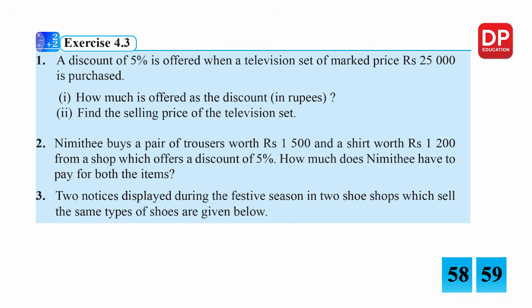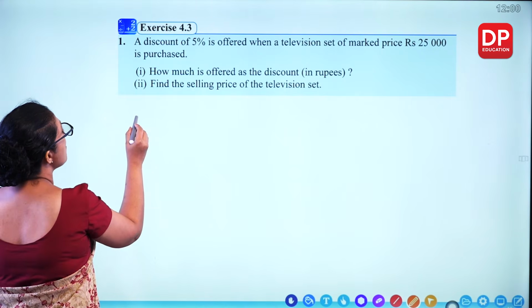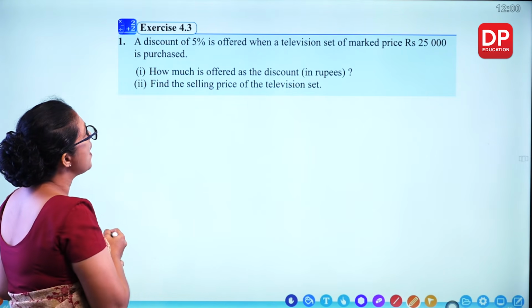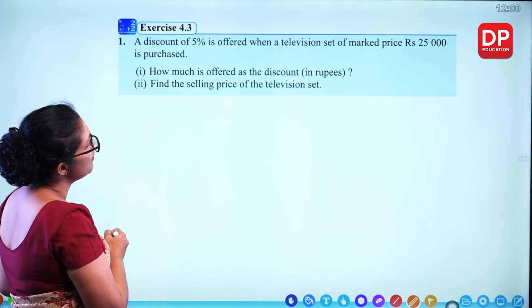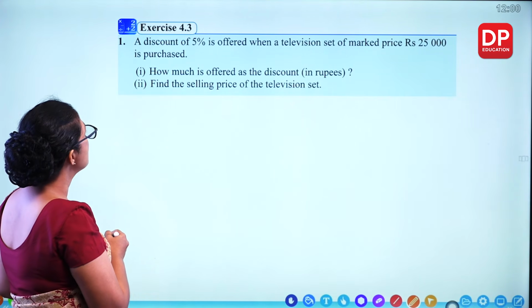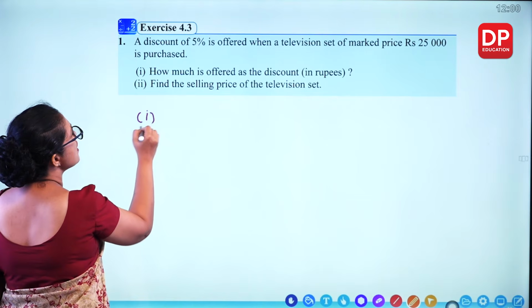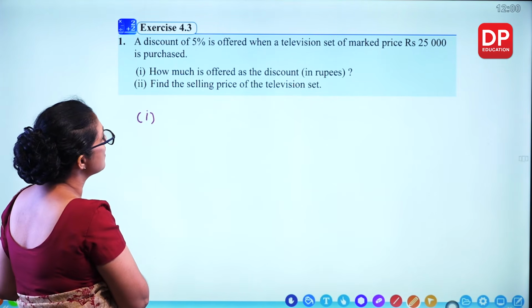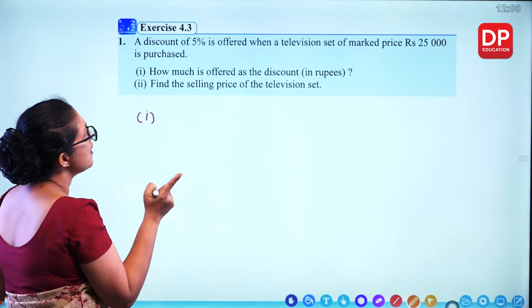Exercise 4.3. Question number 1. A discount of 5% is offered when a television set of marked price 25,000 is purchased. How much is offered as a discount? 5% of that value.